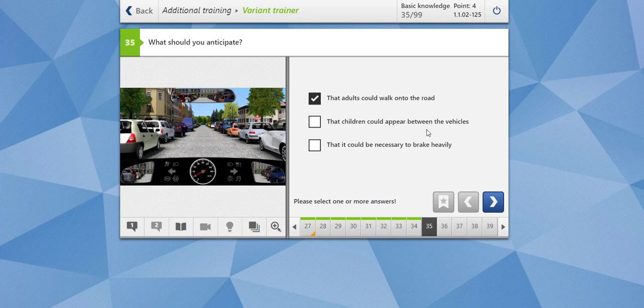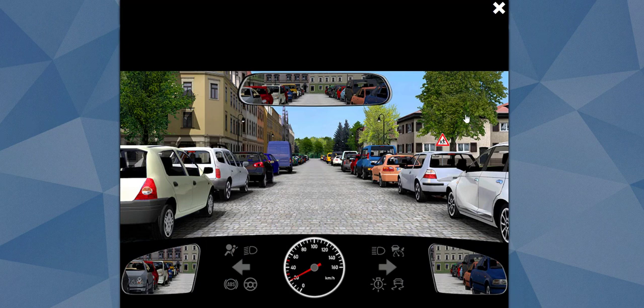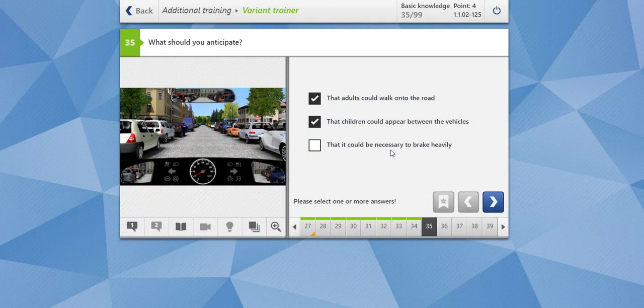The children could appear between the vehicles. Yes, because there is already a symbol that we have to pay attention towards kids. So this shows that there could be danger because of kids. That it could be necessary to brake heavily. Yes. If the children appear suddenly, then you have to brake heavily. Let's check the answers. All the options are the correct ones.